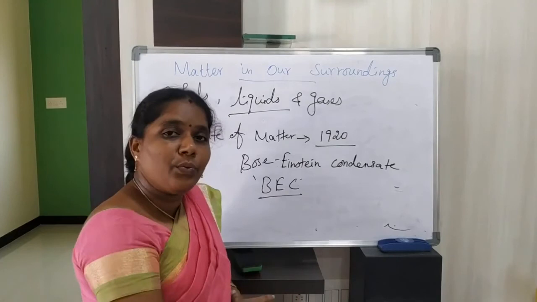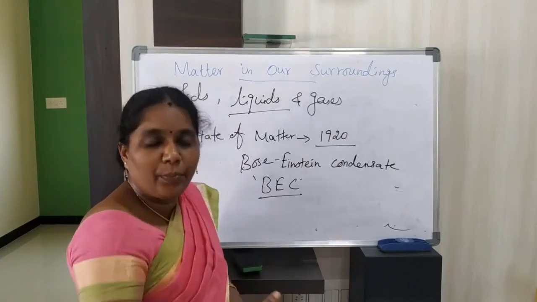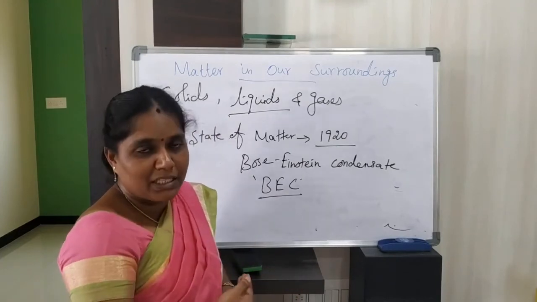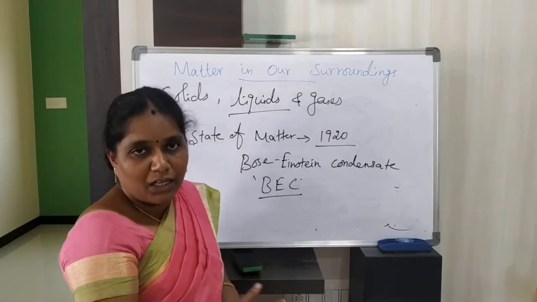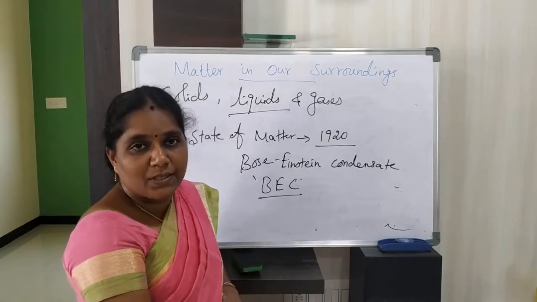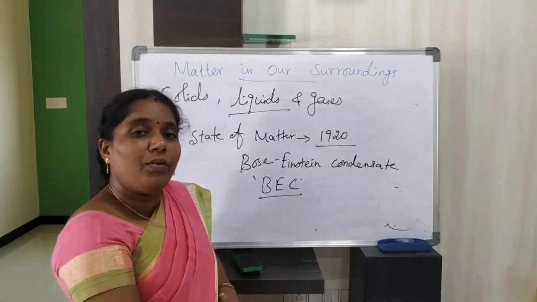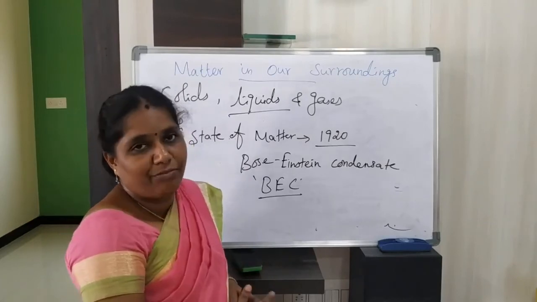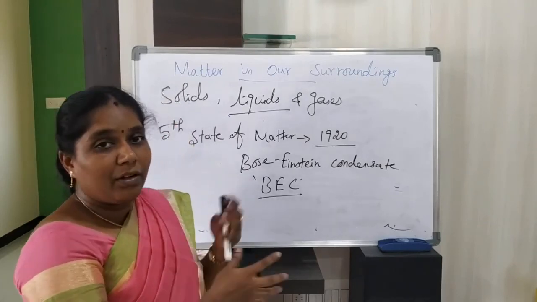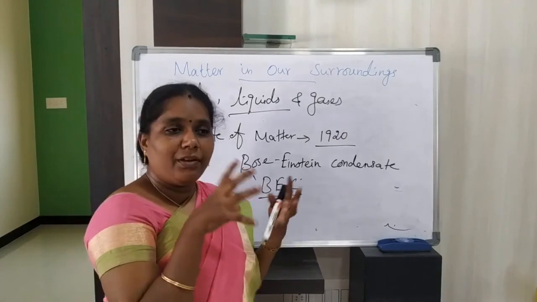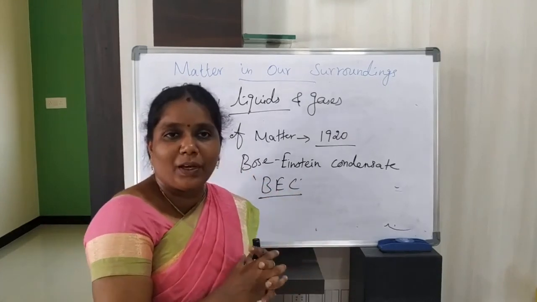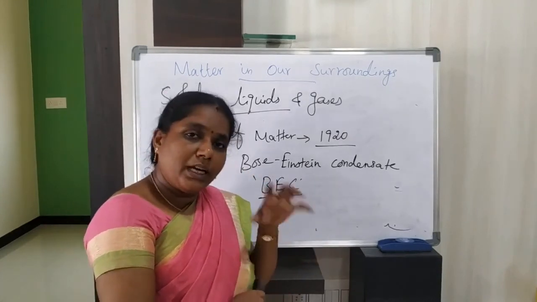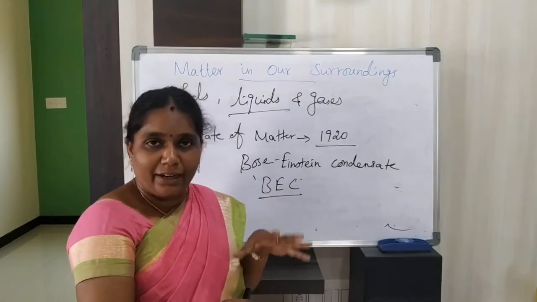In our second lesson we are going to discuss the chemical properties of matter: what are elements, what are compounds and what are mixtures. We will also discuss separation of matter, how you can separate one matter with the help of physical properties as well as chemical properties. About that we will discuss in our second lesson.